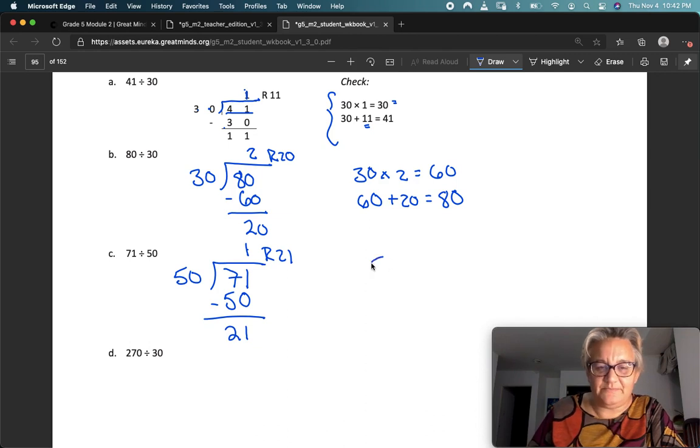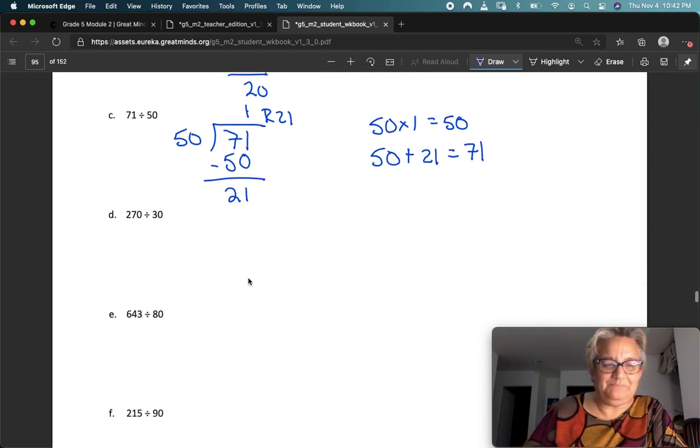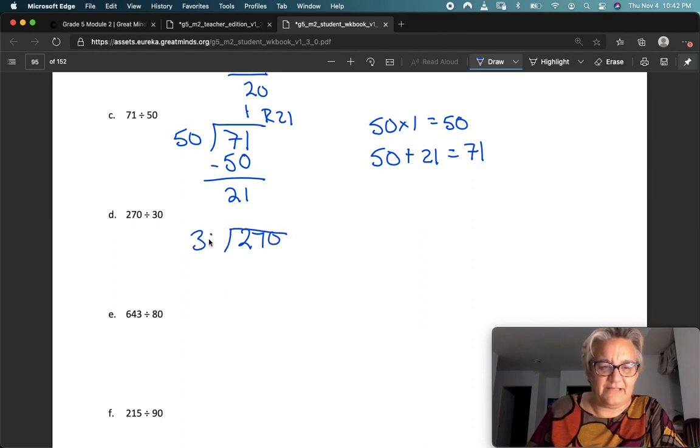Okay, now I check my work. 50 times 1 equals 50. 50 plus my remainder, which is 21, equals 71. Okay, next one. 270 divided by 30. Now I've got 3 tens, and here I've got 27 tens. Do you see that?